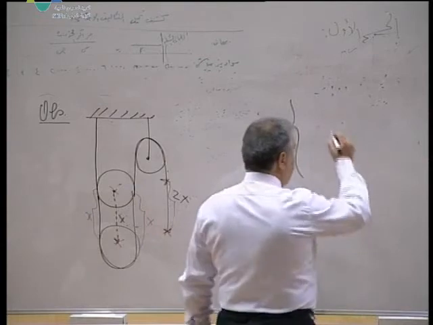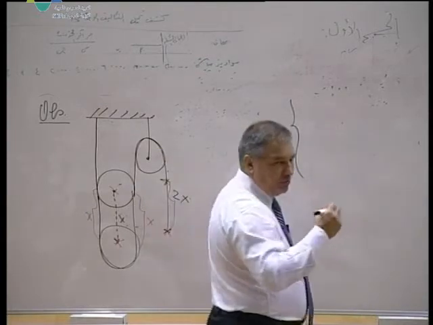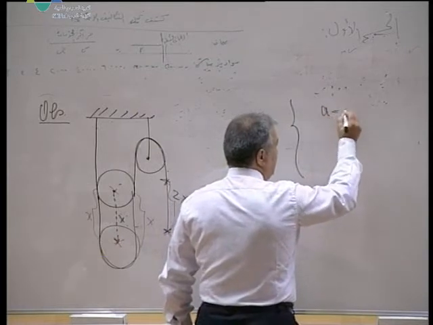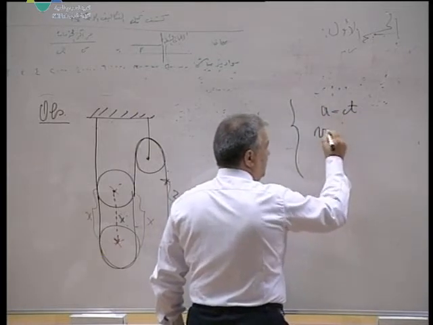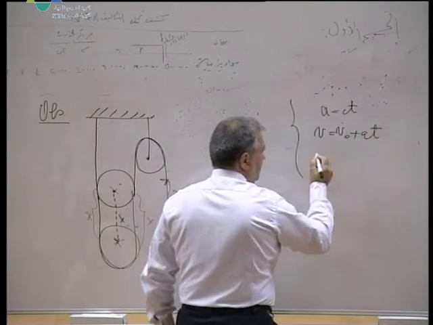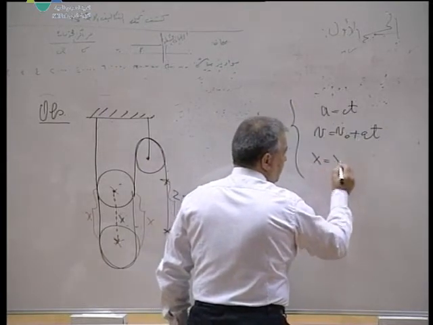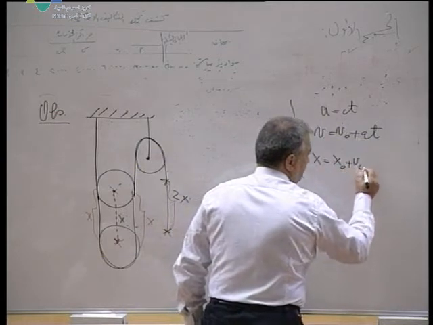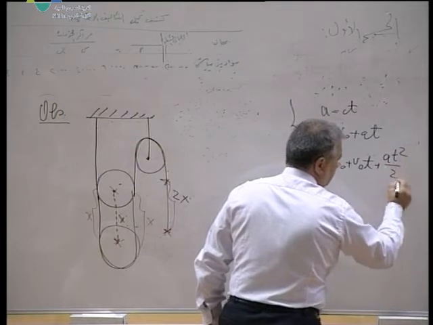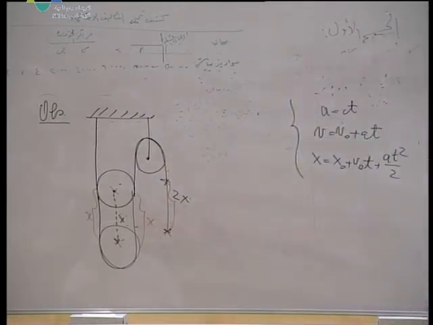So you know that in rectilinear uniformly accelerated movement, acceleration is constant, speed is v0 plus at, space equals initial space plus v0t plus at squared over 2. Yes? Because you have to know this, because when you go to forces, you have already finished the kinematics.